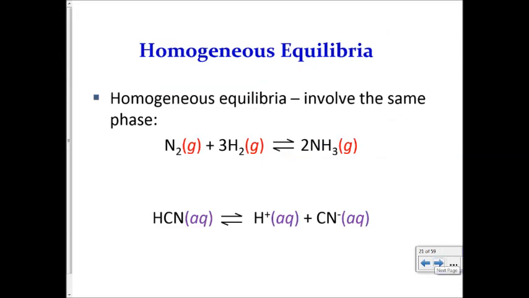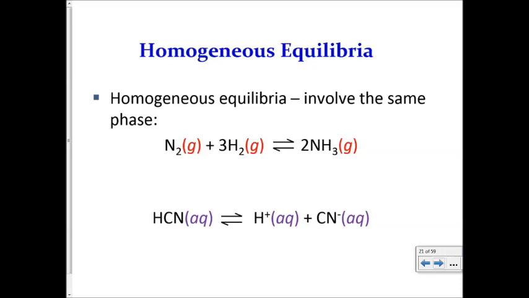So that brings us to the two types of equilibria, homogeneous, or homogeneous. You realize they're all going to be in the same phases. So the Haber process, nitrogen gas plus 3 hydrogen gas, 3 moles of hydrogen are going to give you 2 moles of ammonia gas. They're all gases there, so that is going to be a homogeneous equilibria, depending on how you like to say it.